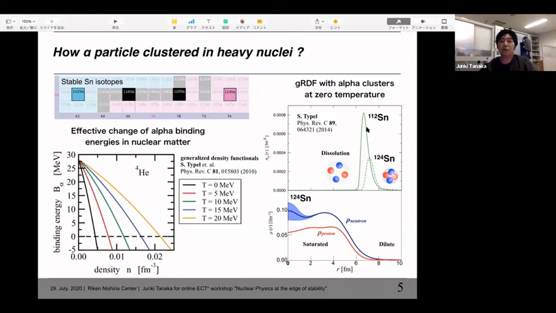Here, I am showing the alpha formation amplitude as a function of radius. It is located around the nuclear surface because the density decreases in the surface region, and the system gains binding energy by forming alpha clusters. Solid line is tin 112, and dotted line is tin 124.